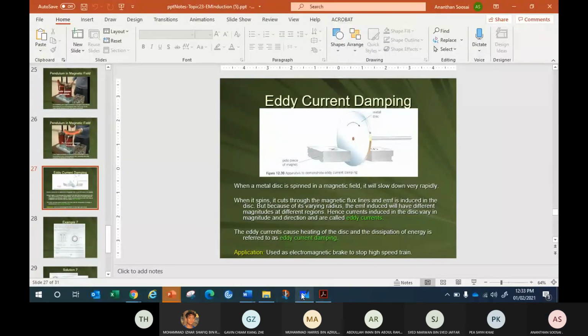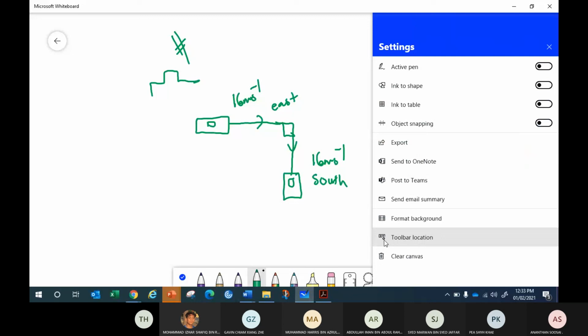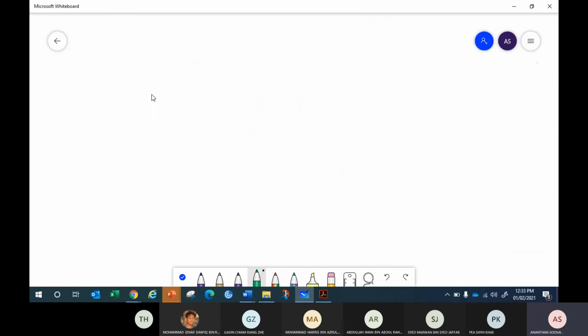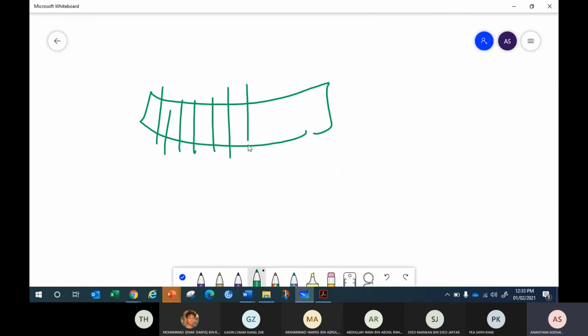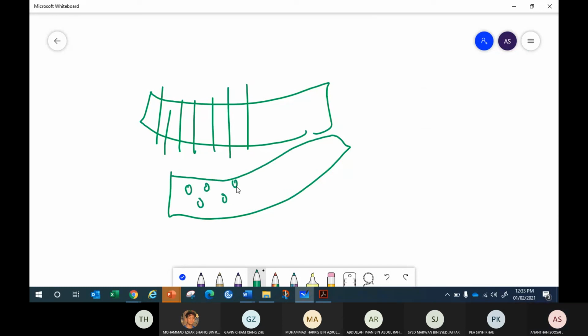Perforated means you have something like this, and you have a kind of insulator in between, or you have holes here and there. Okay, so this is called perforated.